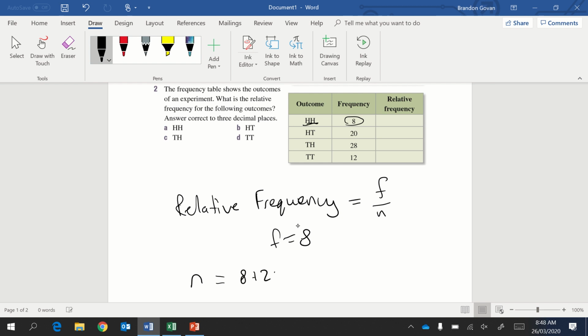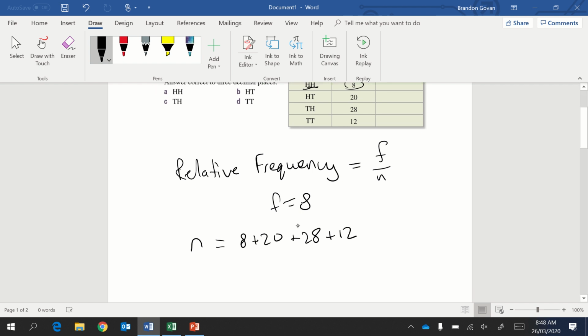The way we work out the total number of outcomes, N, is adding up all the frequencies from our table. So we'll take 8 plus 20 plus 28 plus 12. All these values are coming straight from the table. 28 plus 28 gives us 56, plus 12 is going to be 68.